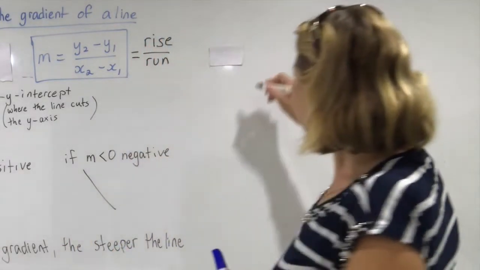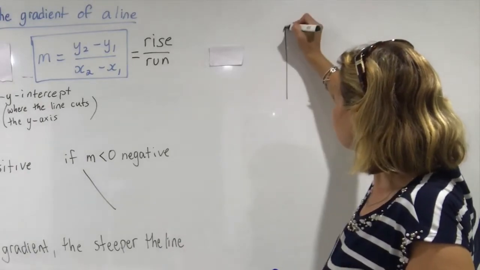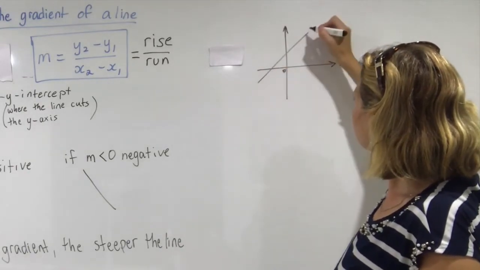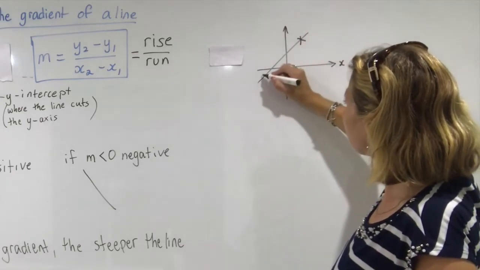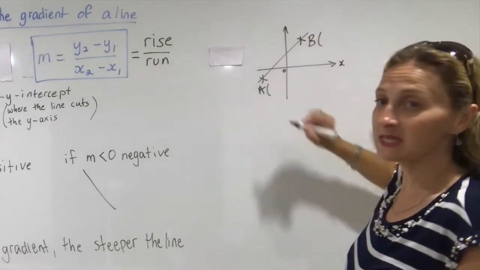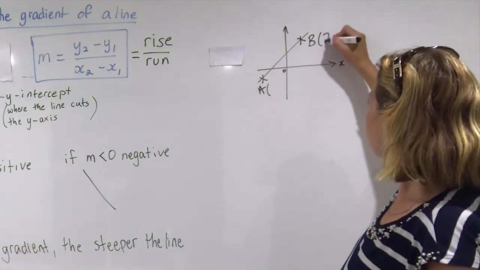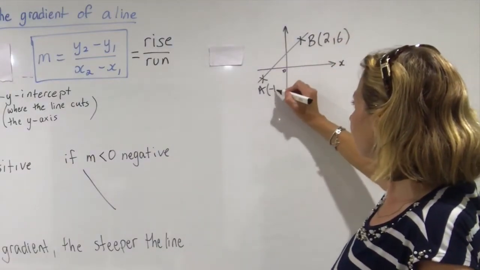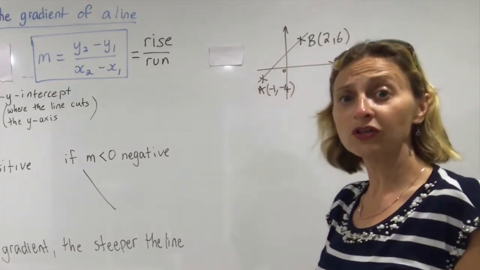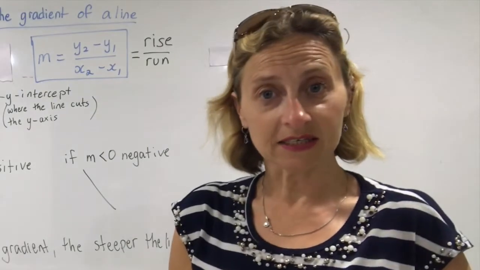Remember, if you have a line, any line, it can be joining 2 points A and B. We can say that the coordinates of A and B are (2, 6) and (-1, -4). And we want to know what the gradient of this line is.